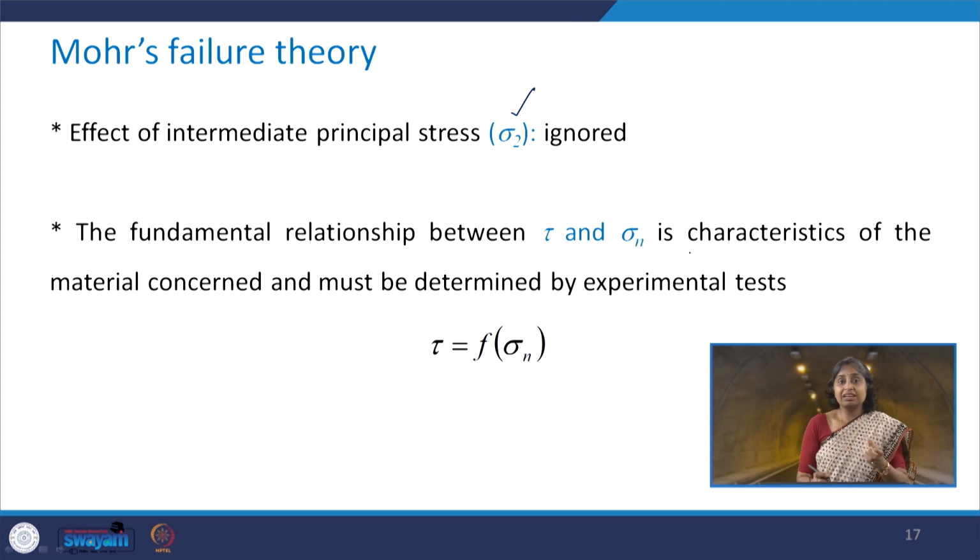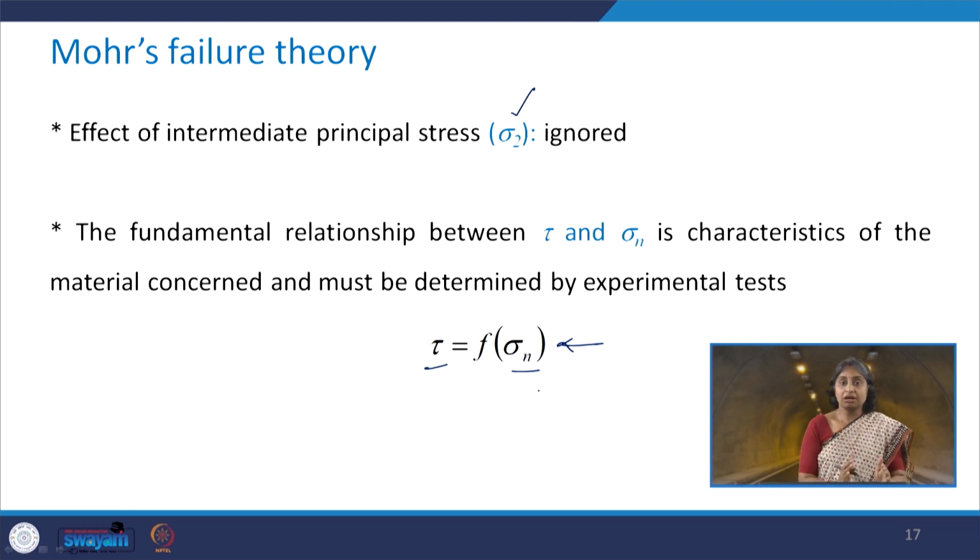Accordingly, if there are two different materials, they may have two different functional relationships between tau and sigma n, although both may be said to follow the Mohr failure theory, but this relationship is a typical characteristic corresponding to a particular material.